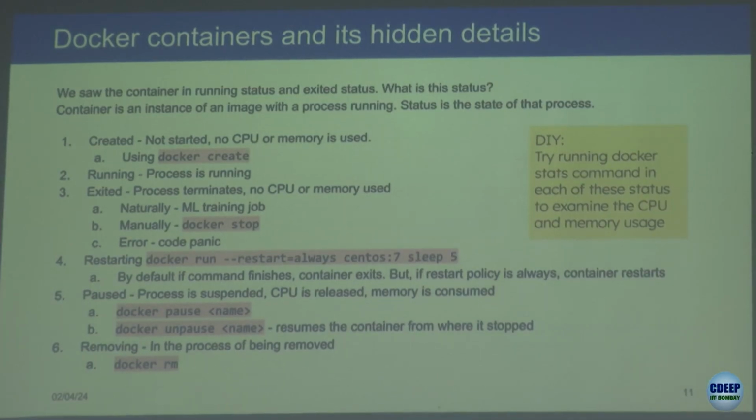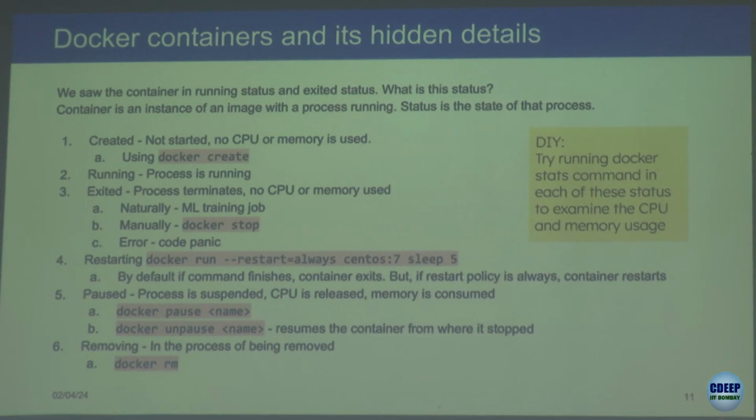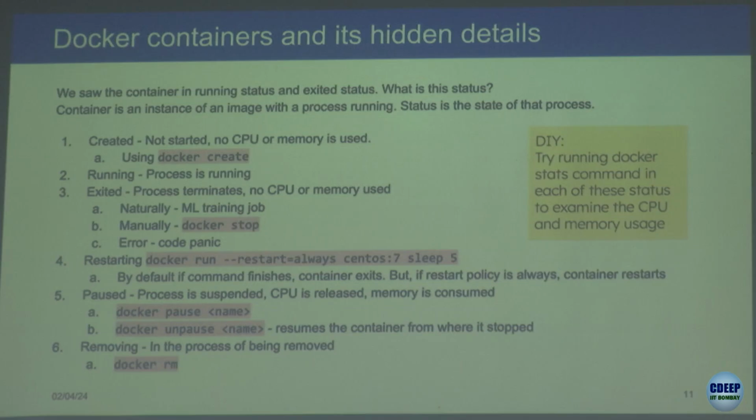In that setup, the exit status is given. And then there is the restarting status. Basically, when you run a Docker container, you can say that if it exits, start it again, continue starting it again, and in that setup the restarting status is given.